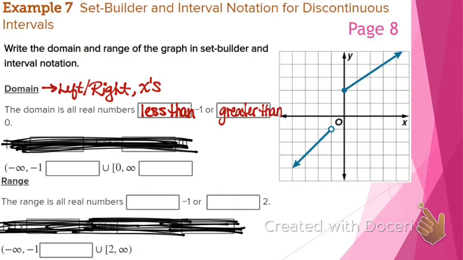Or do I need to add that or equal to? It is a closed circle. It is a filled in dot, so I have to add that or equal to. Greater than or equal to. Zero.